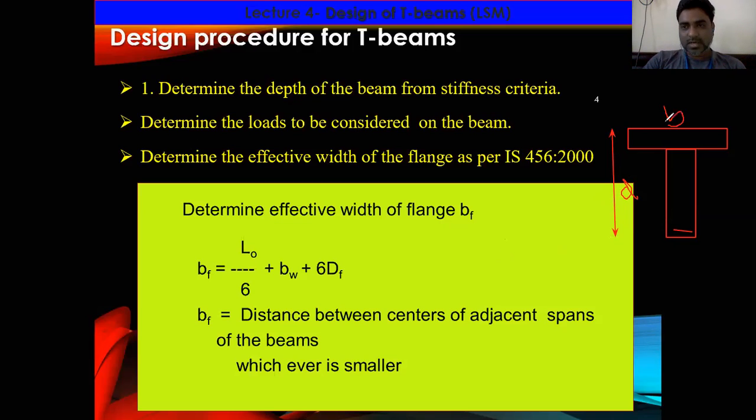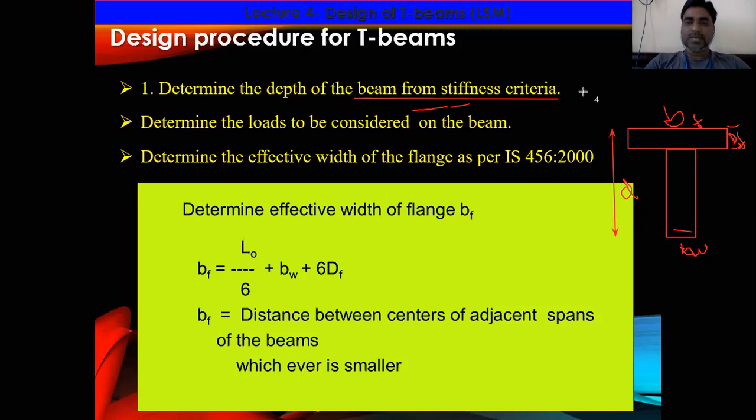And this is called bf, that means effective width of the flange. This is the thickness of the web, bw, right? And this is the thickness of the slab, Df, right? So, based upon the criteria, you can determine the overall depth of the beam, right?